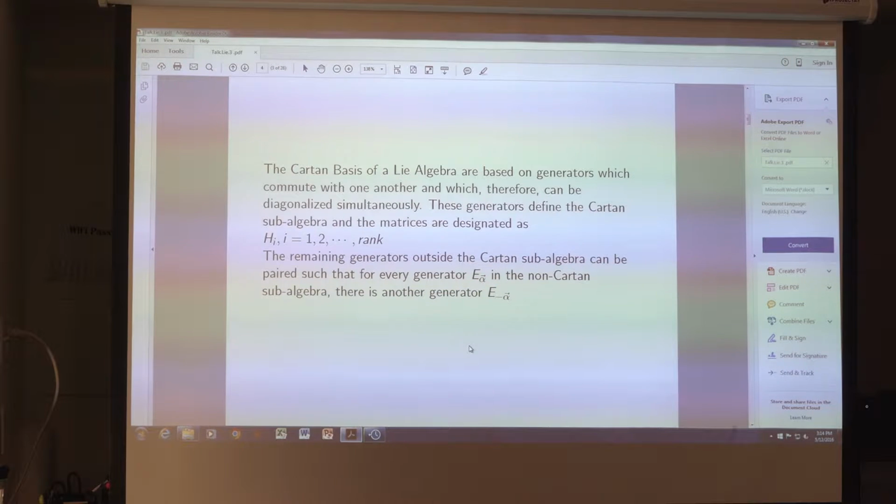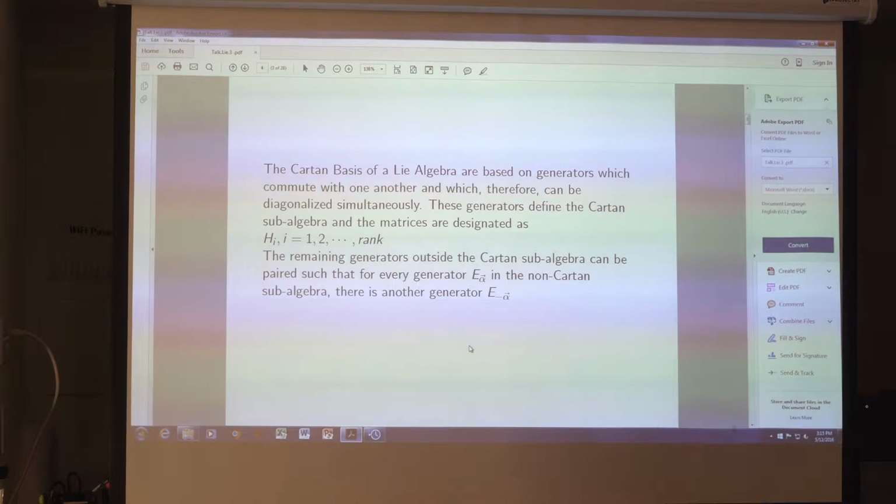Okay, so remember that I talked yesterday and also the day before that there are many ways you can label the generators of a Cartan algebra. You can label them by giving numbers, 1, 2, 3, 4, whatever. Or you can use a double index notation. Remember when I talked about rotations?